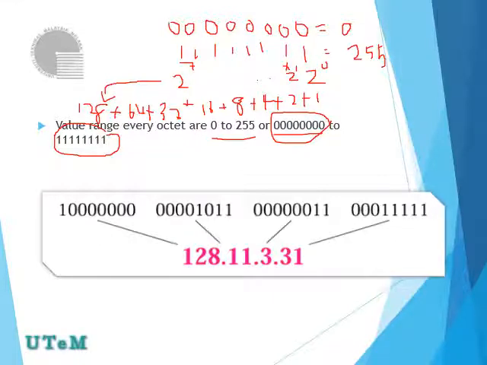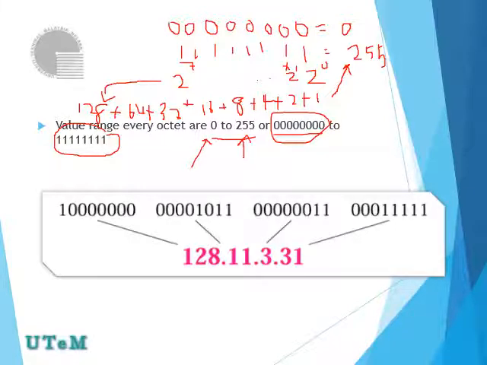So the total is 255. So the range, if you want to write it in binary, must be between all zeros, 8 zeros, to 8 ones. Or if you want to represent it in decimal, from 0 to 255.